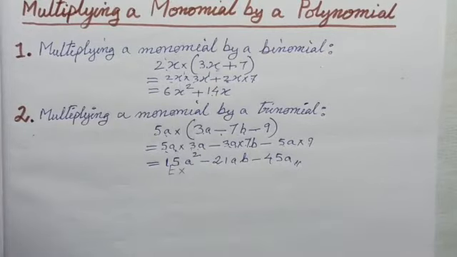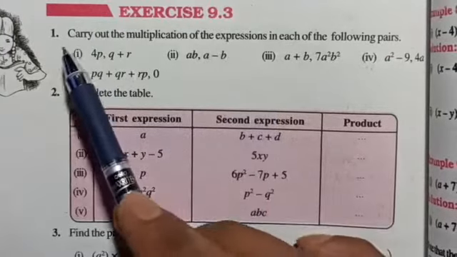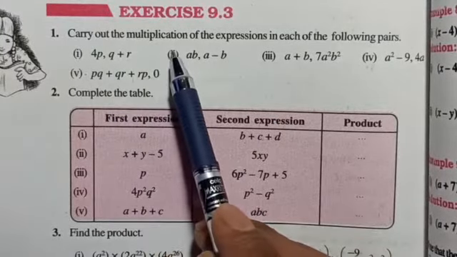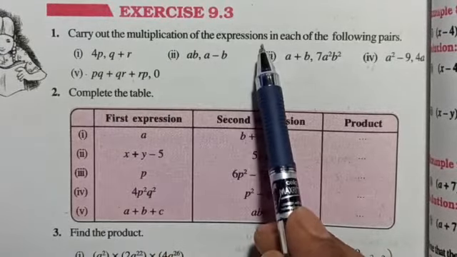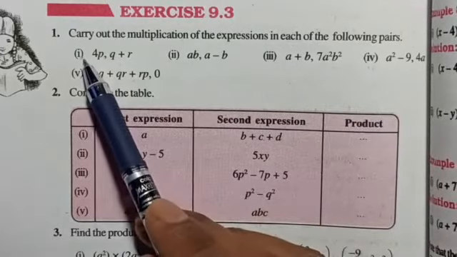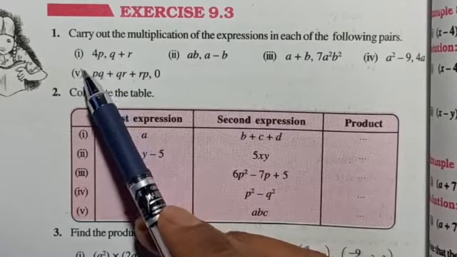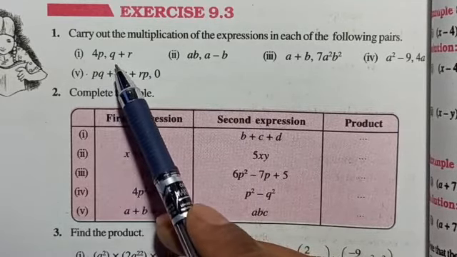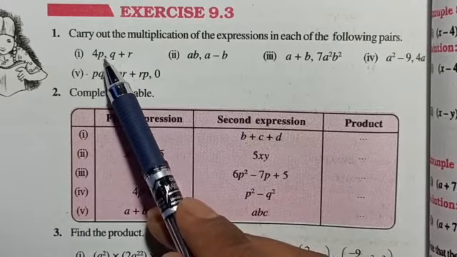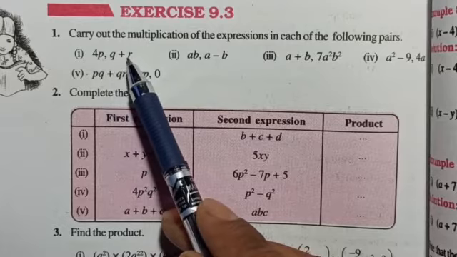So let us start exercise 9.3. Okay, now let's try exercise 9.3. Question 1. Carry out the multiplication of the expressions in each of the following pairs. Let's try this Roman number 1. In the given question, there are two pairs of expressions. Here, 4p is the monomial and q plus r is binomial.